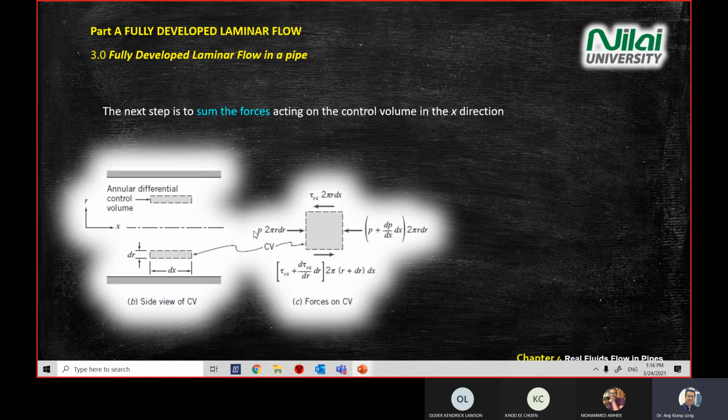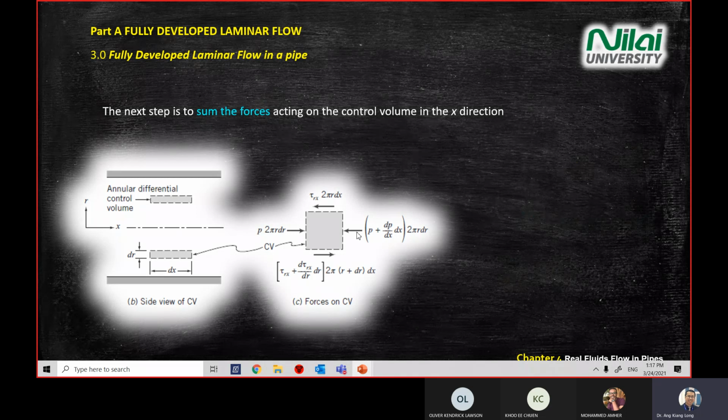Then the next one, we will recall the sum of the forces for the element. We take this element at the bottom and put it in a bigger cube here. Like previously, we look at the force in the x direction only.